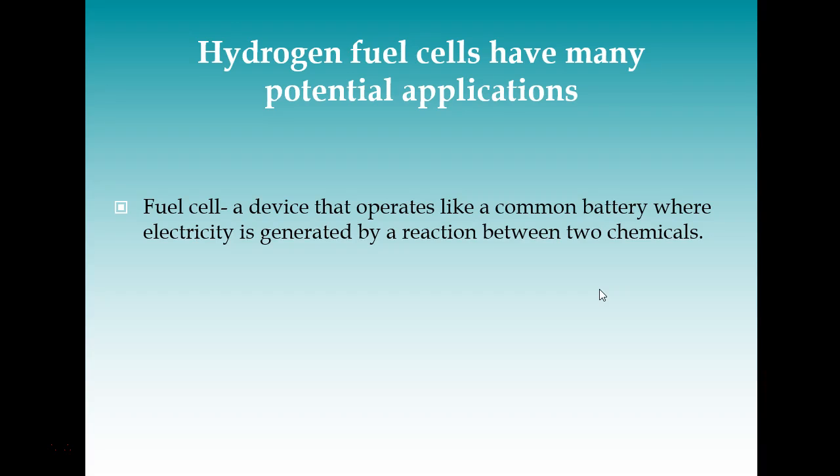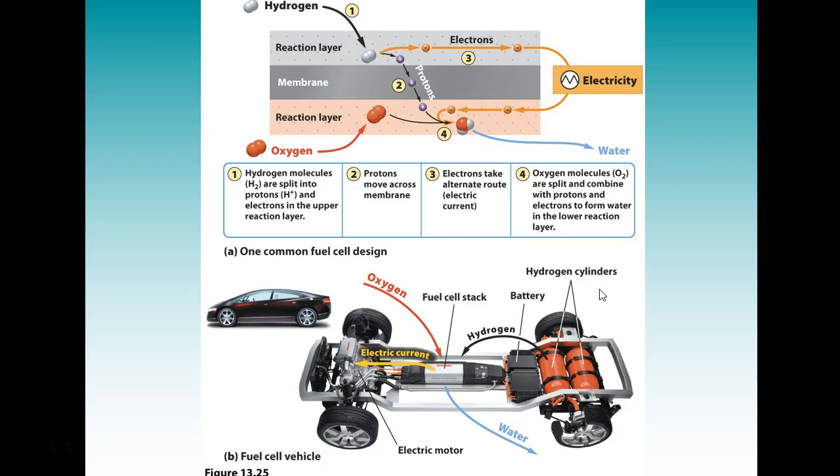Lastly, hydrogen fuel cells. Hydrogen, mentioned in non-renewable, has another means of nuclear power, because now we're talking about fission and not fusion. So basically what we do is hydrogen molecules get split into ions.